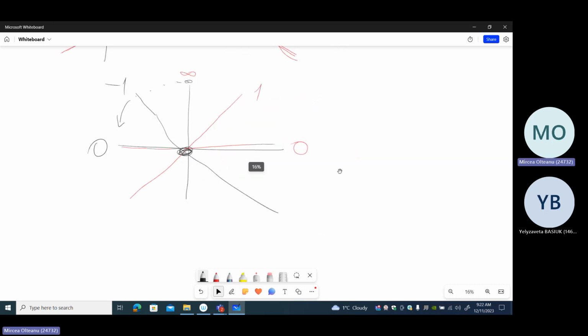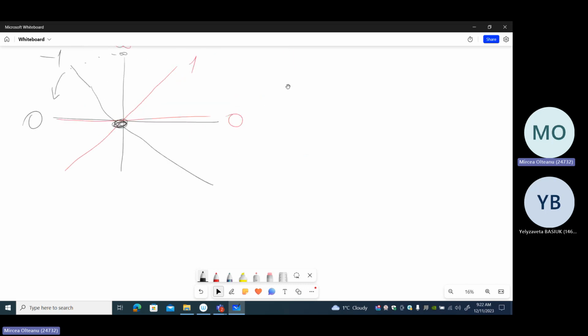So the slope gives us the direction of a straight line. If I tell you, for instance, I am thinking of a straight line with a slope, usually the notation for the slope is the letter M, whose slope is, for example, minus 2.